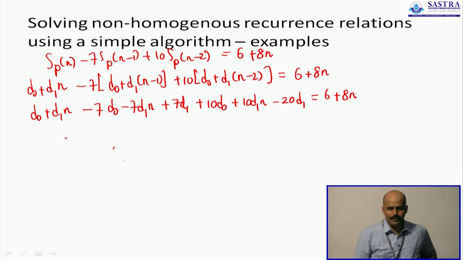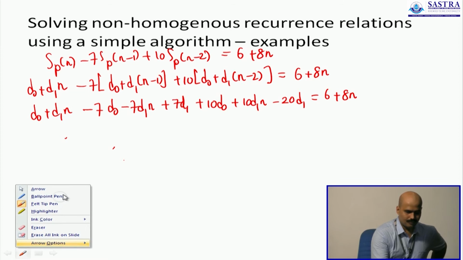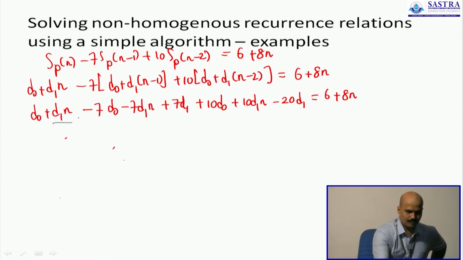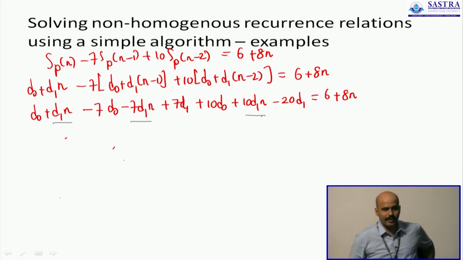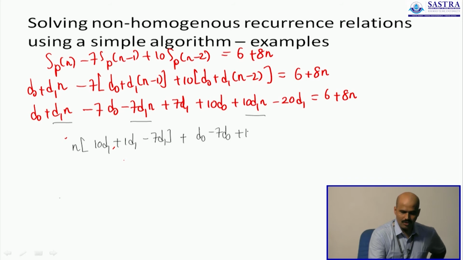Now if we group them, constants separately and n terms separately, these are n terms: 10 plus 1 is 11, 11 minus 7 is 4n. So n times you have a 10 d1, you have a 1 d1 and you have a 7 d1, and the constants, you have a d naught, you have a 7 d naught and you have a 10 d naught.